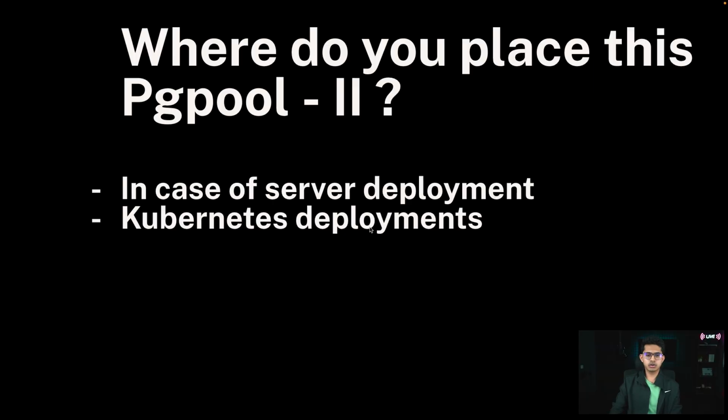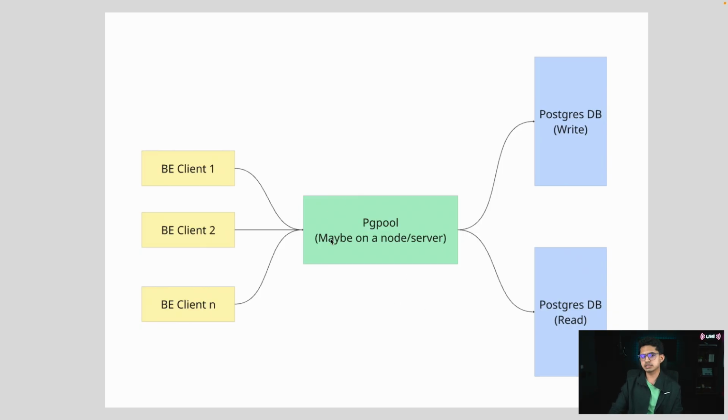One is, say, everything is on bare metal. You have your backend clients, your backend workers, your backend instances running on, say, EC2 machines or on-prem servers. And you also have databases. Databases can be anywhere. As I said, this approach can be cloud agnostic. You can keep it on AWS RDS. You can boot your own on bare metals. So Pgpool will sit somewhere in between as a middleware.